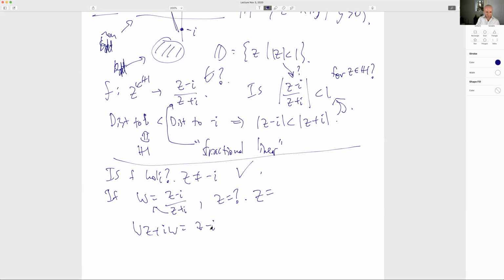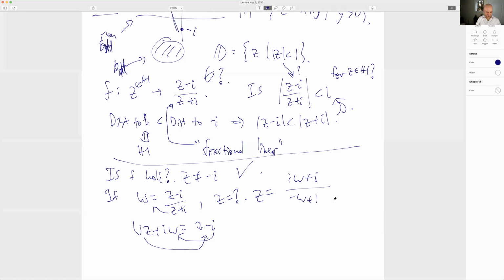So I get iw plus i on top, and I get z minus wz on the bottom. I moved this over here, that becomes minus w plus 1, which is the same as what Anna wrote.